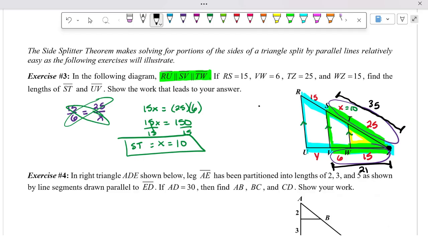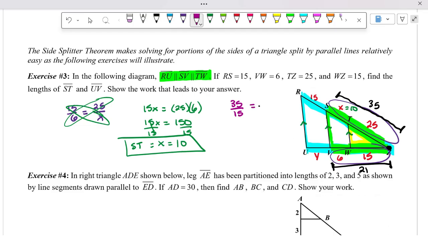All right. So that being said, how do I set my proportion to solve for y? I got 35 over 15, that comes from the top side.